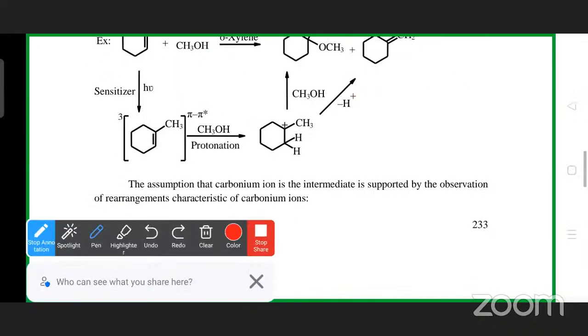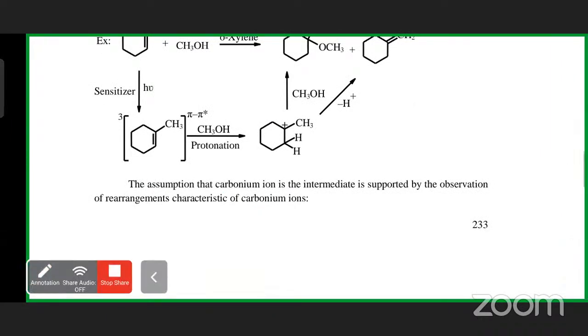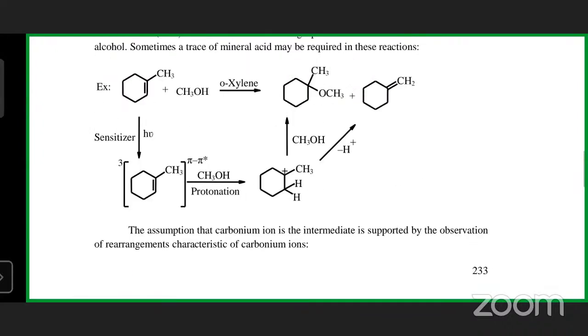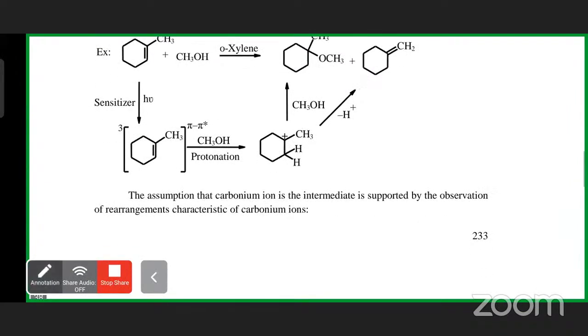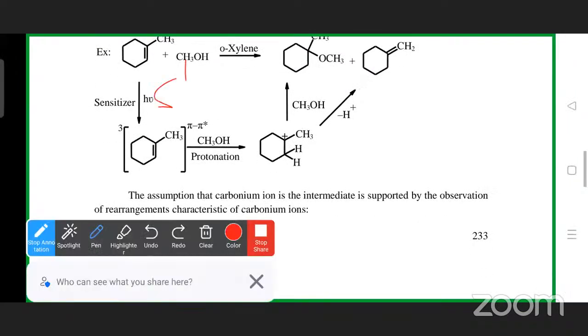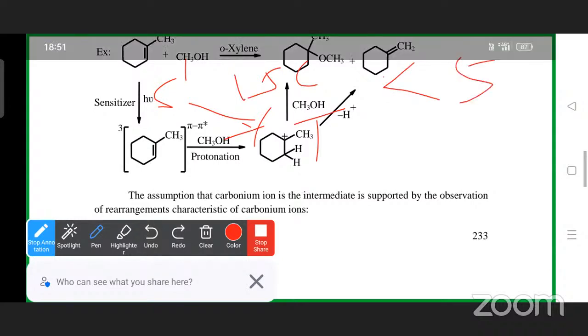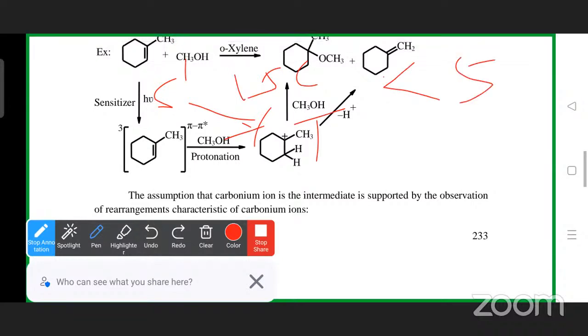So here this methyl cyclohexene, upon sensitization, means the singlet to triplet stage, whose ISC efficacy is less than 5.